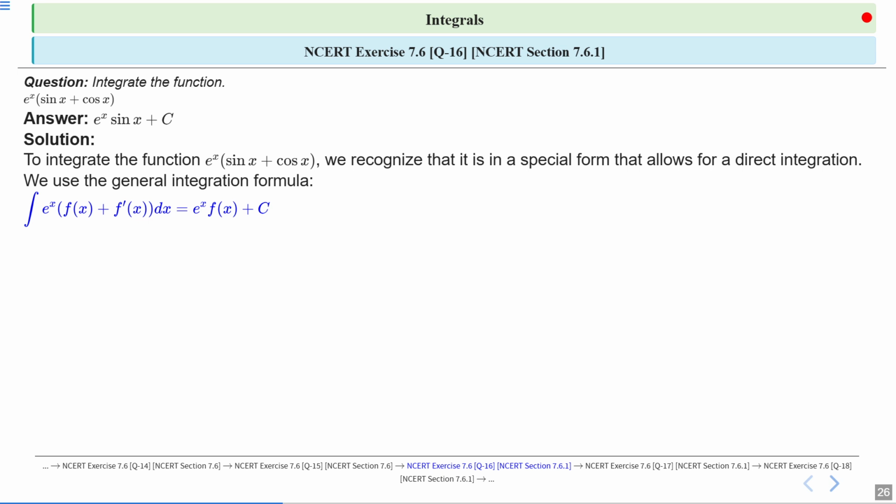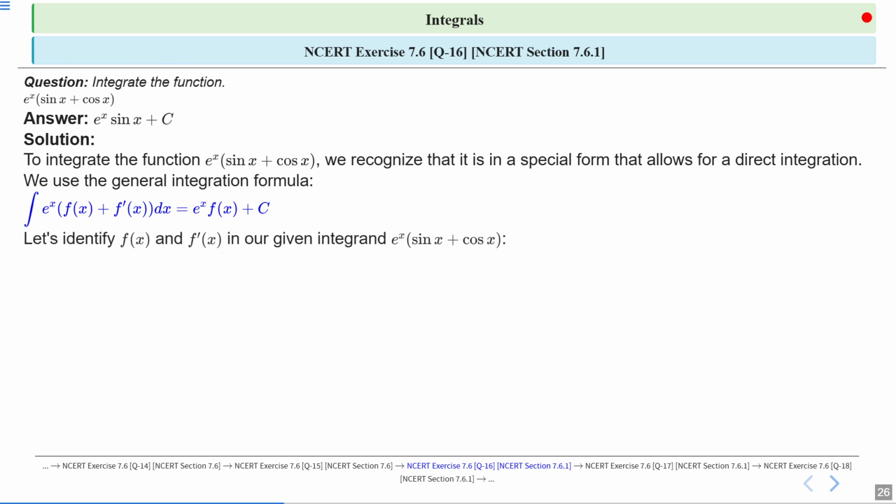Whenever we have to integrate an integrand like e^x into (f(x) plus f dash x) dx, the value of the integration is e^x into f(x) plus c. So we just need to find which function we have to take as f(x), and there must be f dash x, so that we can write it as e^x into f(x) plus c.